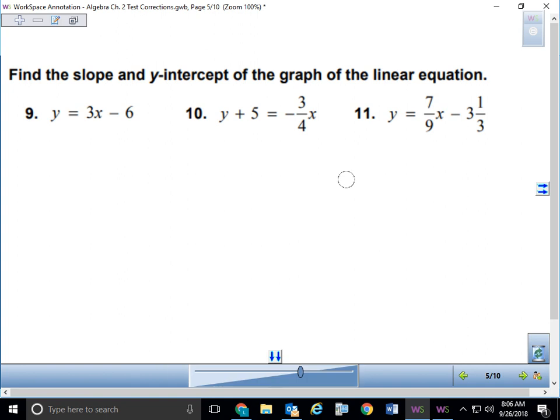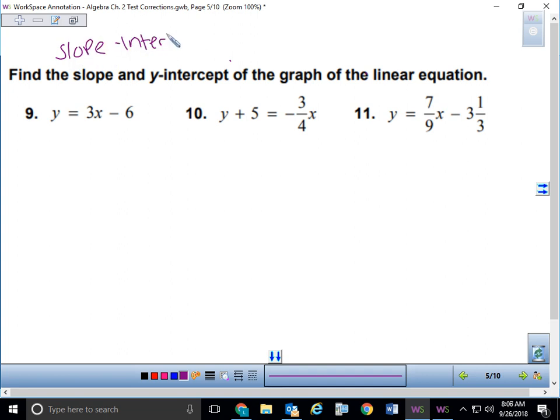Okay, I'm going to keep on trucking here. So 9, 10, and 11 all have the same directions. It says, find the slope and y-intercept of the graph of this linear equation. Okay, that's not too bad. 9, y equals 2x minus 3. That looks like it's already in slope-intercept form.